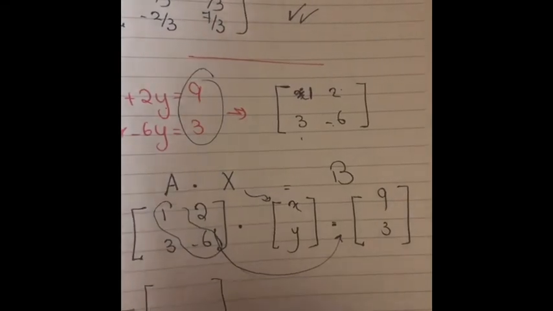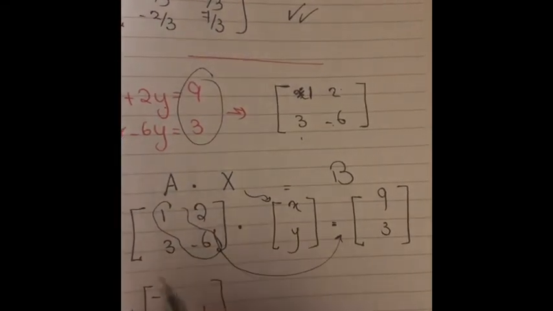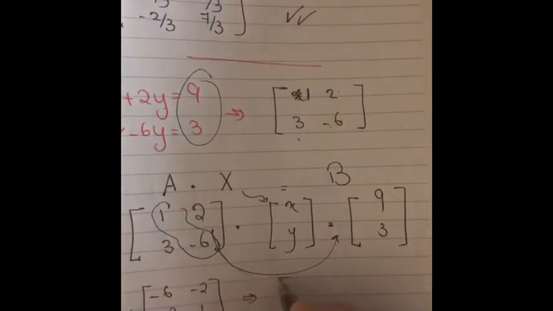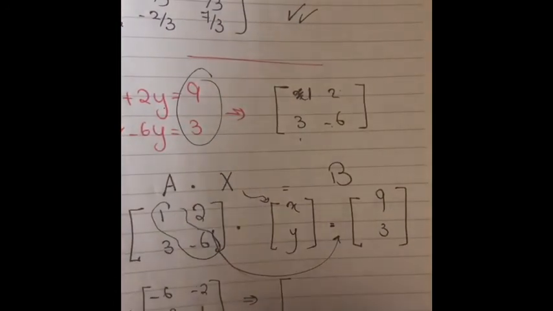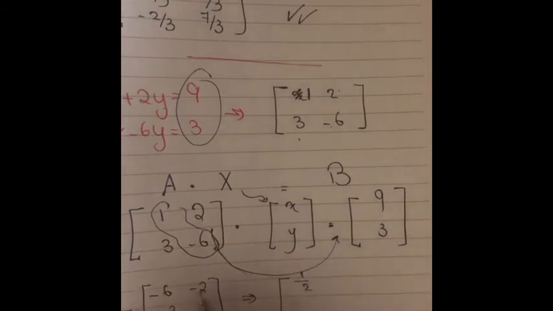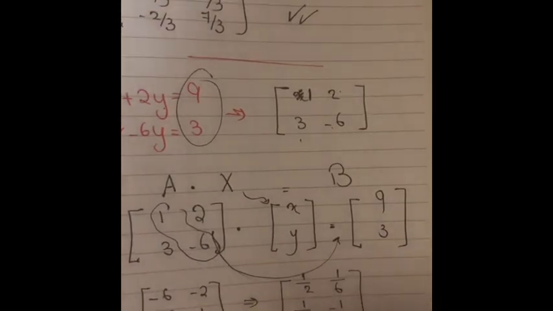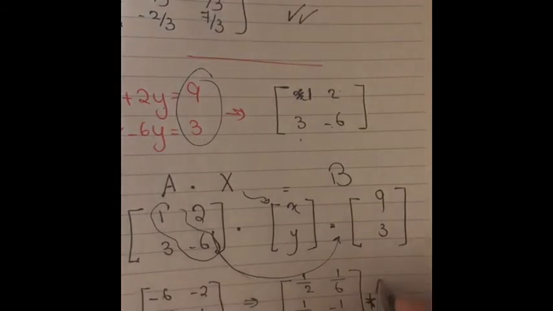And then I will switch places, negative 6 and 1, and these two change signs. Okay, so the inverse is over here: negative 6 over negative 12 is half, negative 2 over negative 12 is 1 over 6, 1 over 4, and negative 1 over 12. Okay, so this is the inverse, A negative 1.